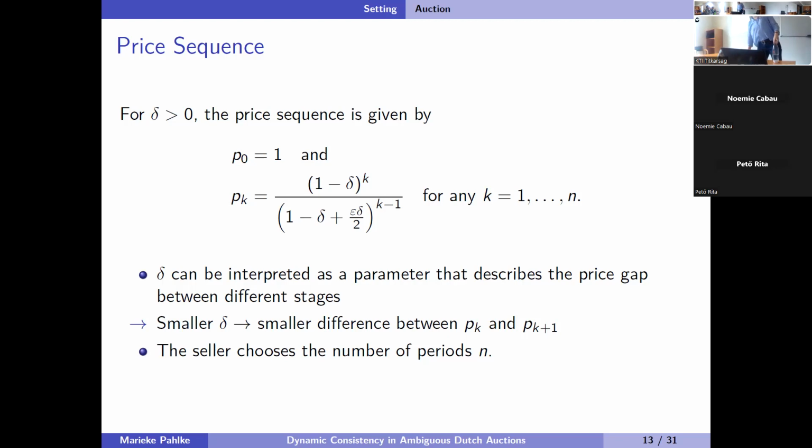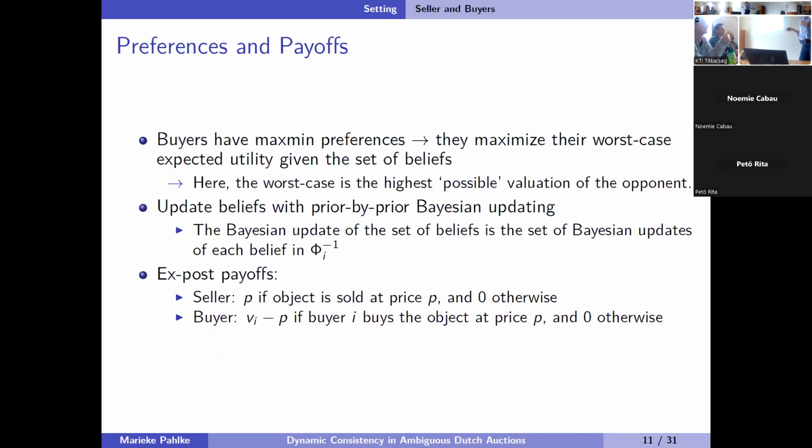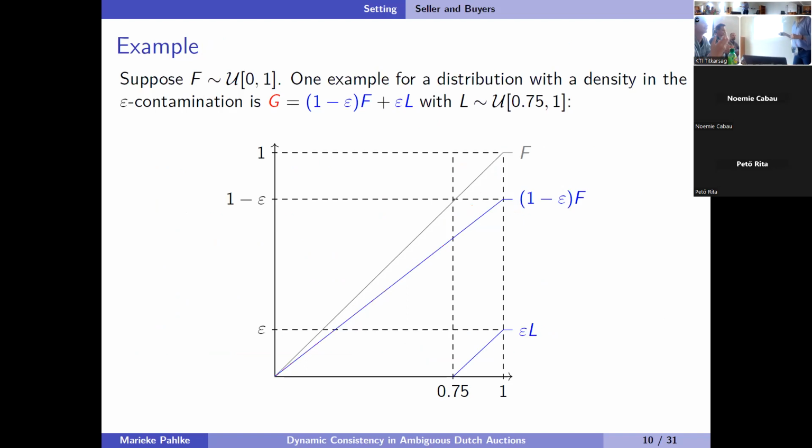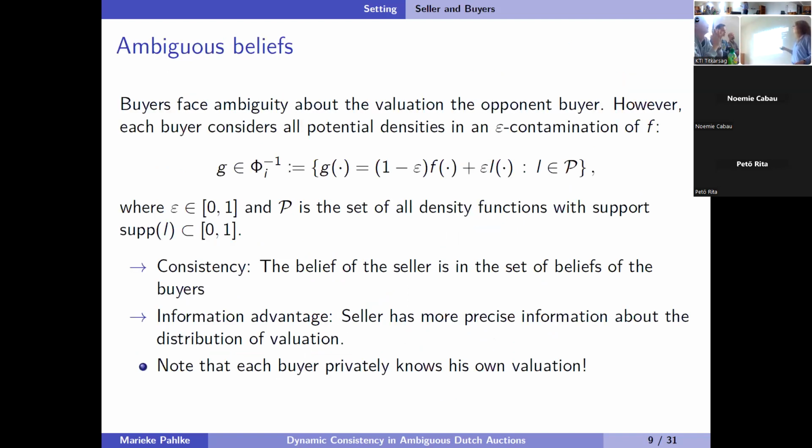Yes. And does the seller know the I function, the belief of the buyers? Well, this could be anything.